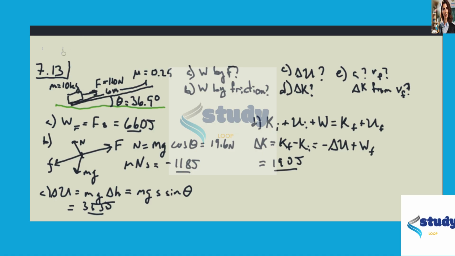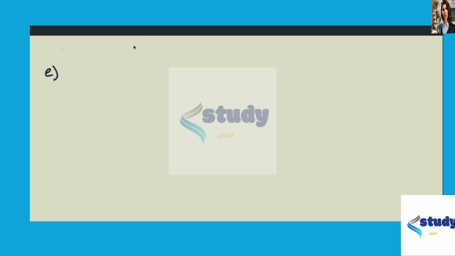So we know that our force minus friction force minus the weight due to the mass, sine of theta is equal to ma. A is 3.16 meters per second squared from this.